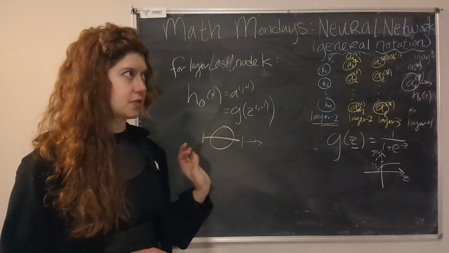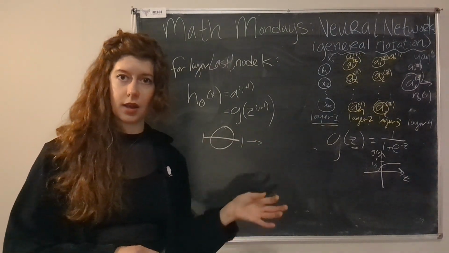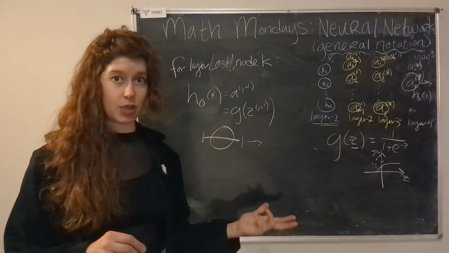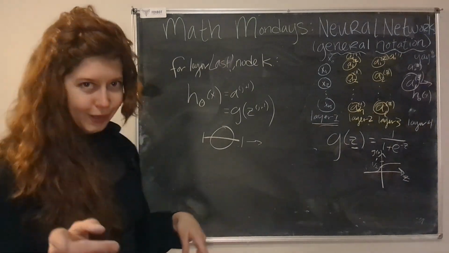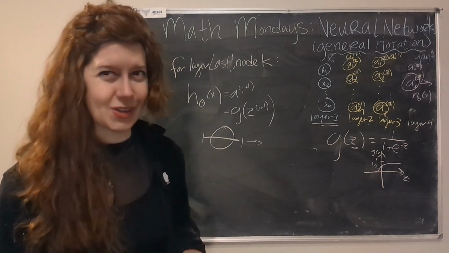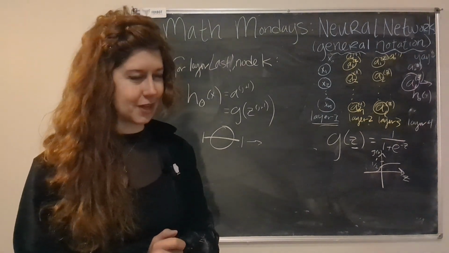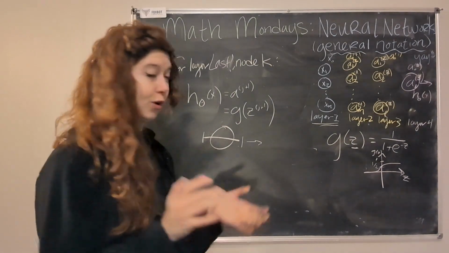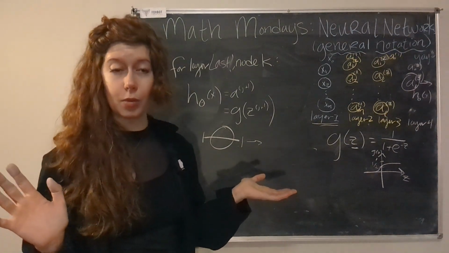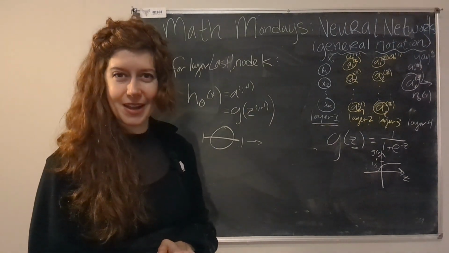I think it makes a lot of sense to do some examples like we did last time with the AND gate application with the neural network. I also gave you some homework, and maybe we'll run through that so you can check your work on the OR gate application. Let me know if there's anything else that you would like to learn. I can't make any promises, but I will try.